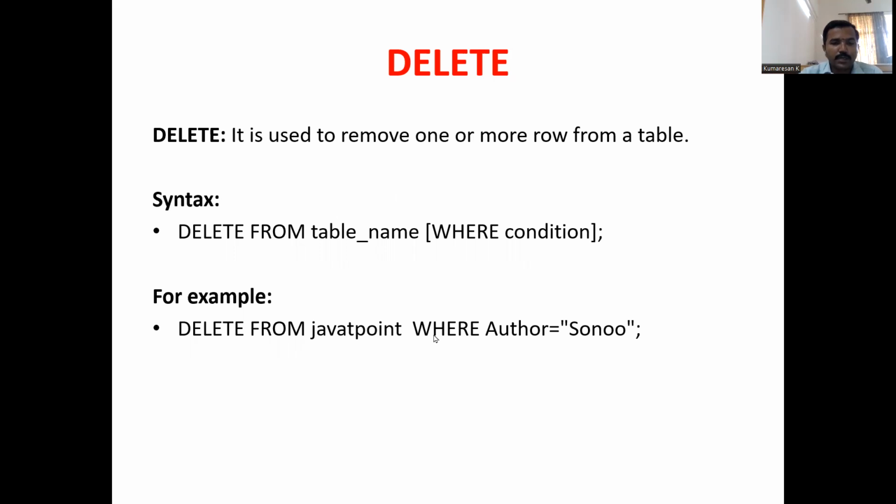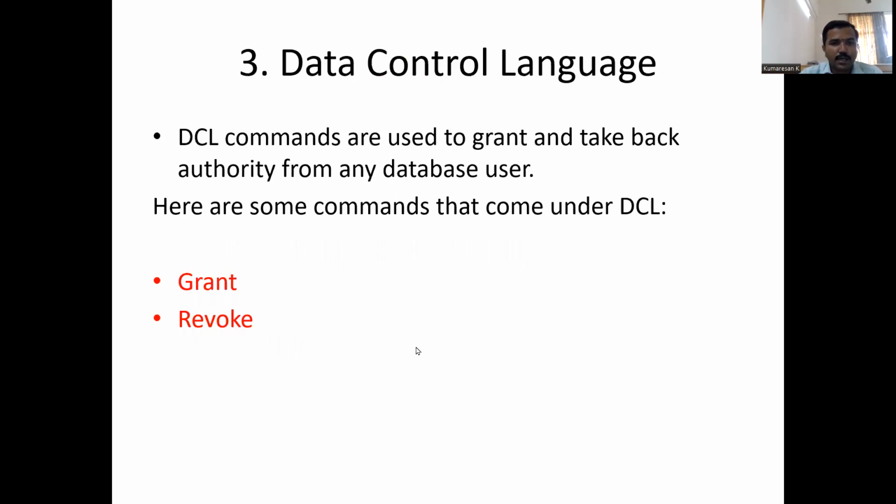And the next one is data control language. Data control language is used to grant and take back authority from any database user. Here there are two DCL commands. The first one is grant and the second one is revoke.